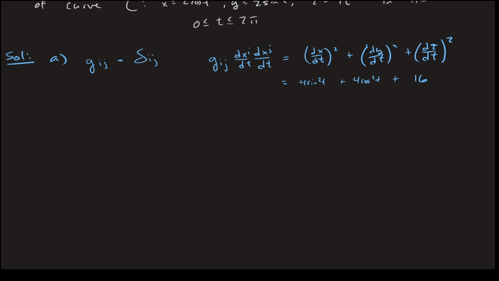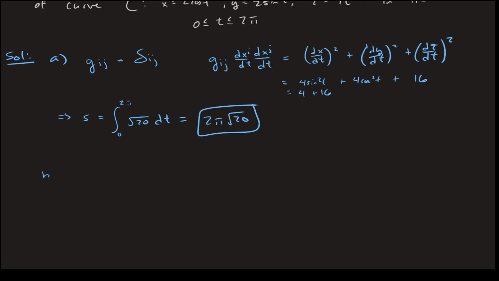So this is going to be s equals the integral from 0 to 2 pi of the square root of 4 plus 16, so square root of 20 dt, which is 2 pi square root of 20. Now that would be the arc length of the curve.